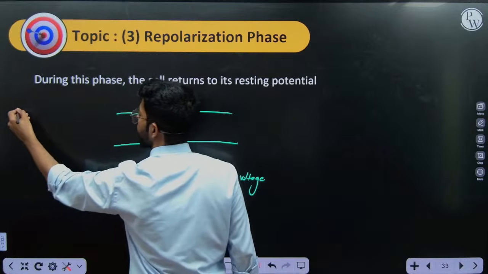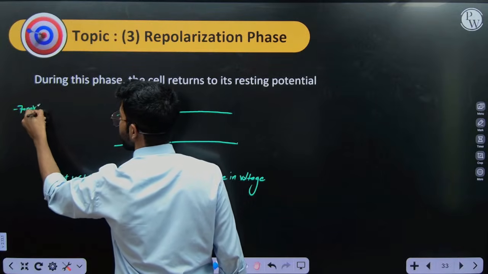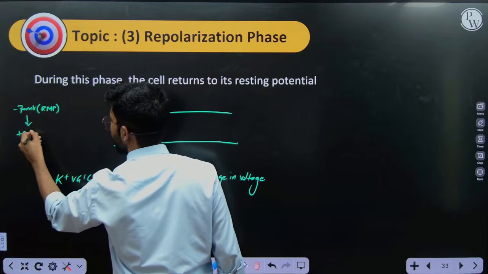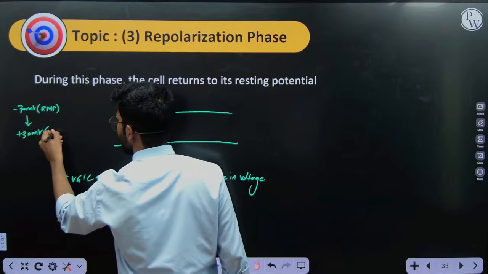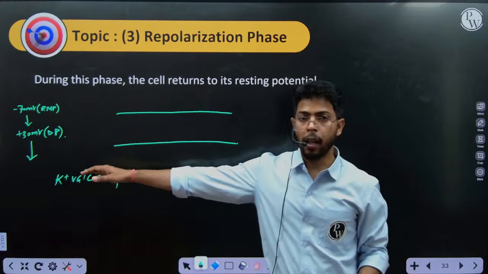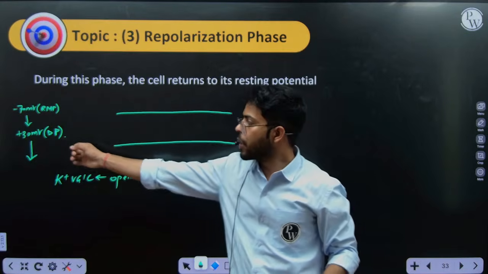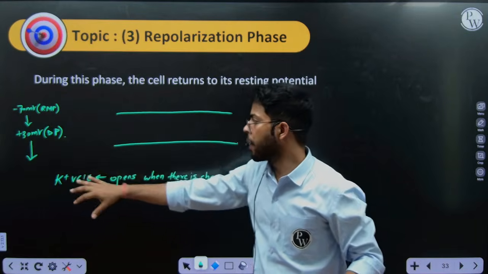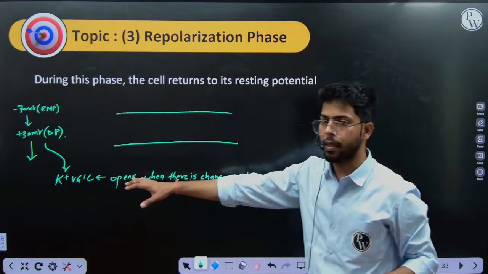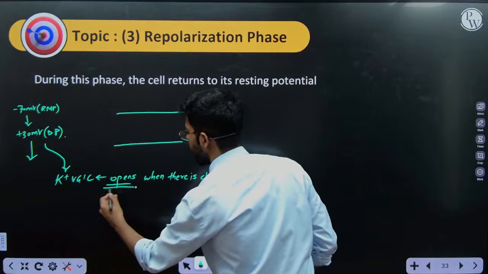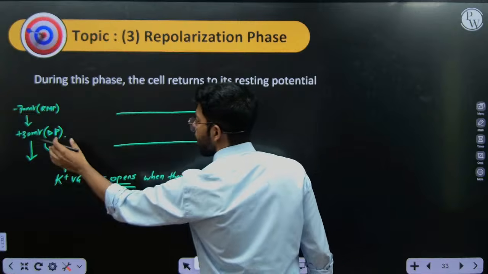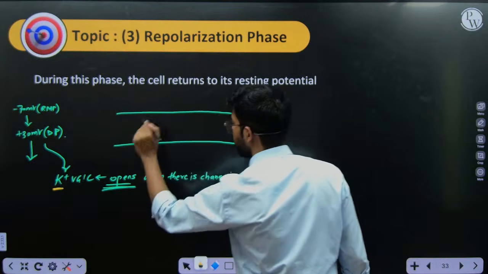So it starts from minus 70 millivolt, that is RMP, and now it will reach to plus 30 millivolt, that is the depolarization phase. So when the neuron membrane reaches this plus 30 millivolt, it triggers the potassium ion VGIC and it gets opened.